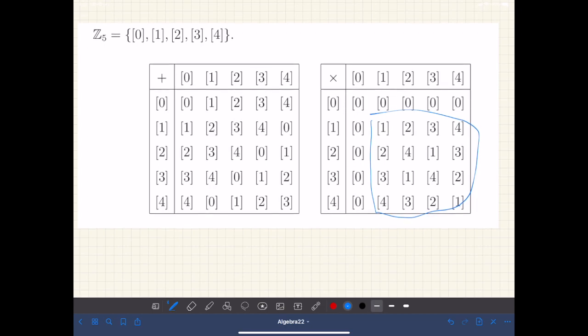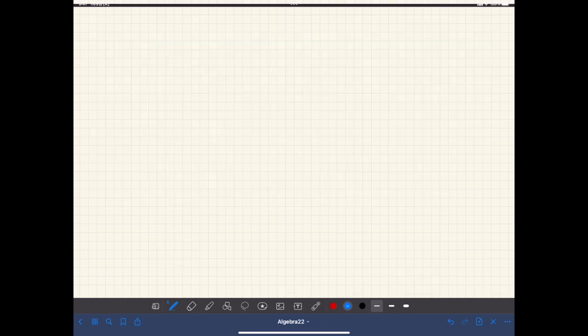And now we are going to characterize Zn for general natural number n. And to do so, let us introduce some definitions. Let R be a ring with an identity 1.